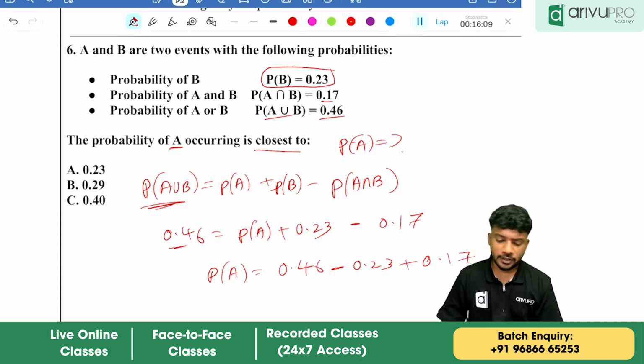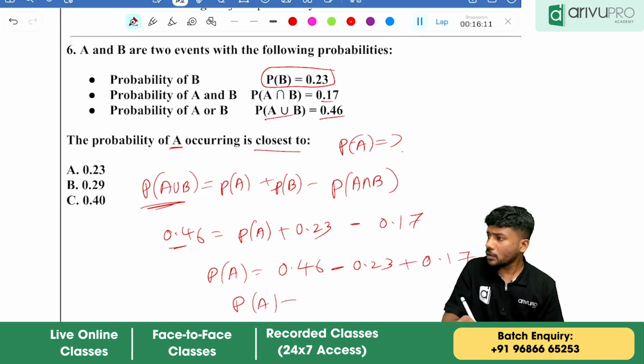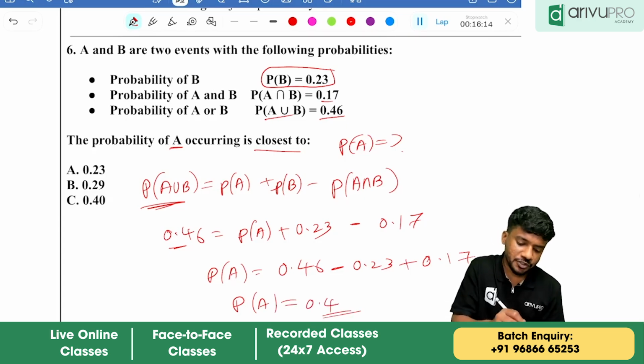Got it. P of A is equal to 0.4. Option C is the answer.